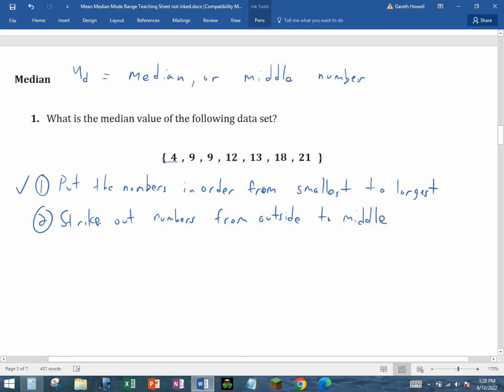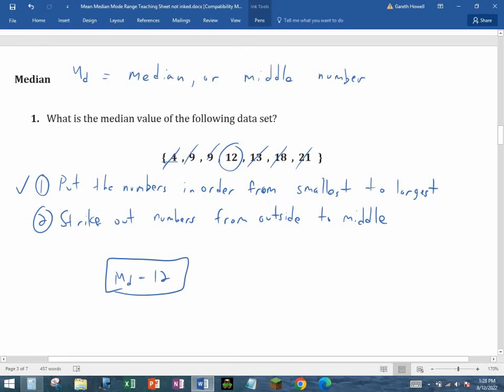You could just count the numbers, how many there are, and then go to the middle one. So I'm going to strike out 1, 2, 3, and this one's easy because I'm left with just the middle one. In this case, the median is equal to 12.